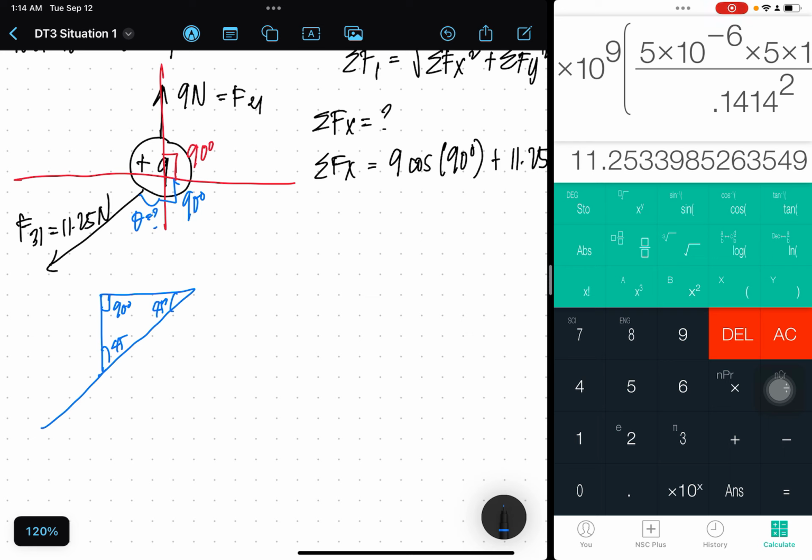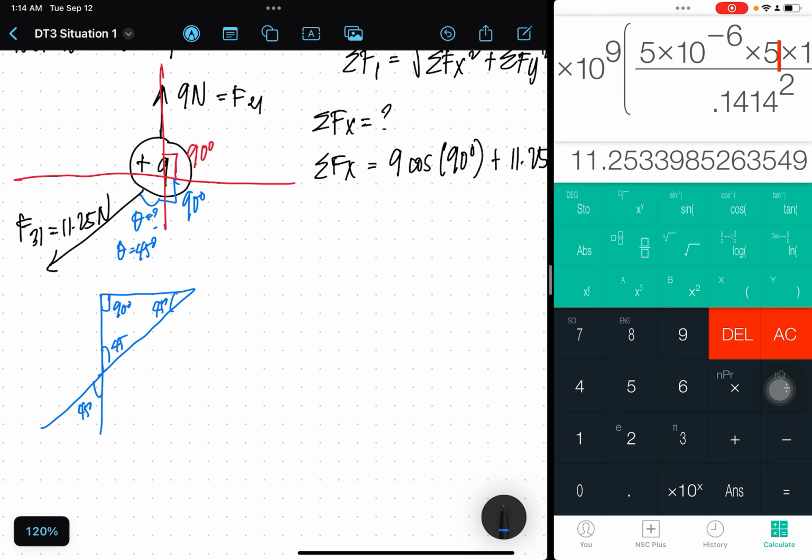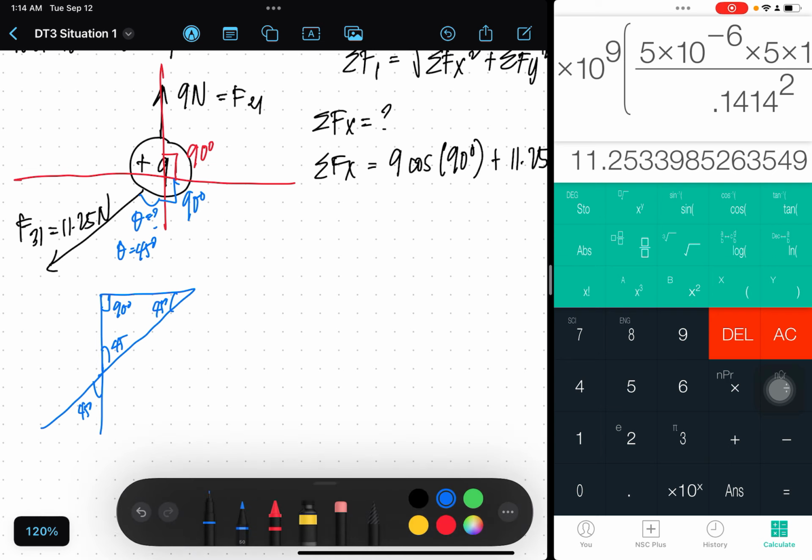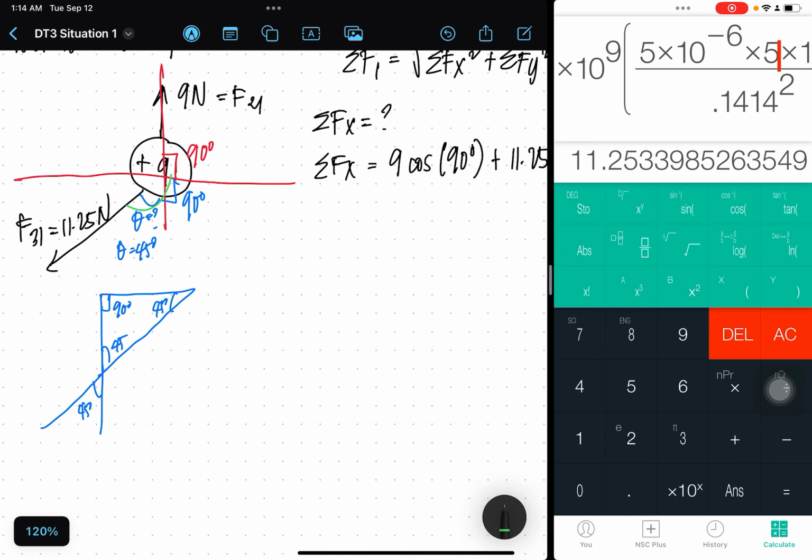Diba, if you can recall our rules sa same angle or congruent angle, itong angle na to ay 45, ito din ay magiging 45. Therefore, we can conclude this theta is also equal to 45 degrees. So, 90 plus 45 degrees, summation ng angle na to. So, 90 degrees plus 45 degrees ay equal sa 135 degrees.